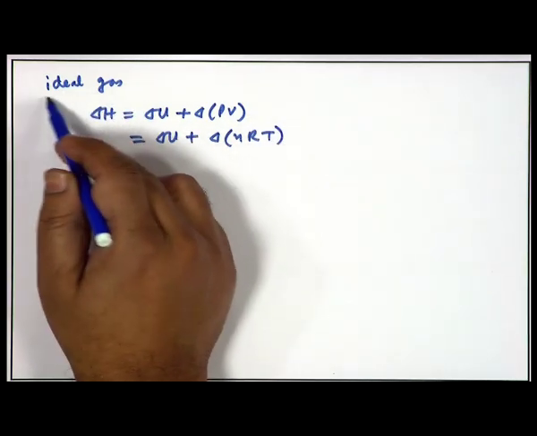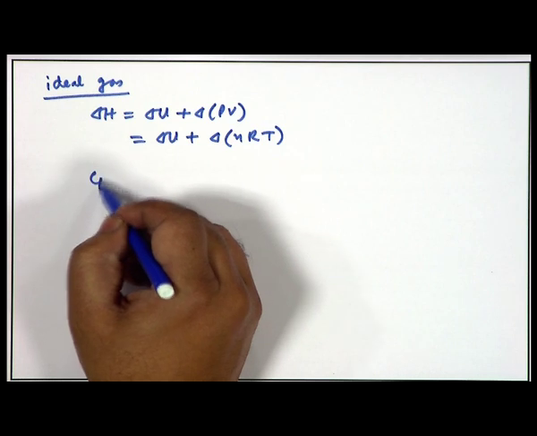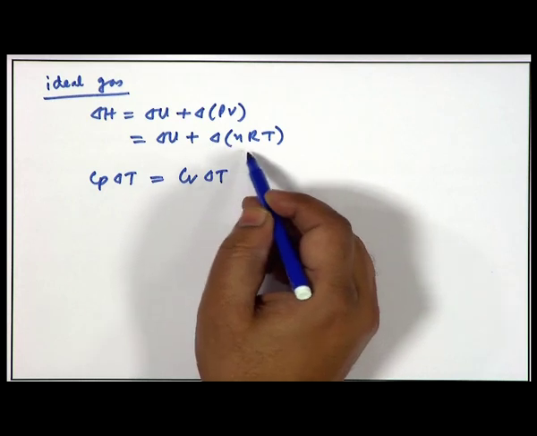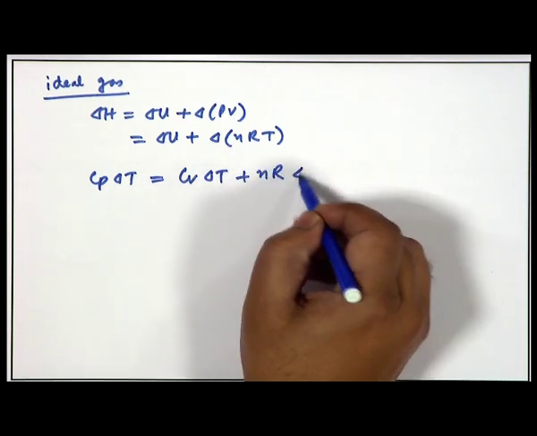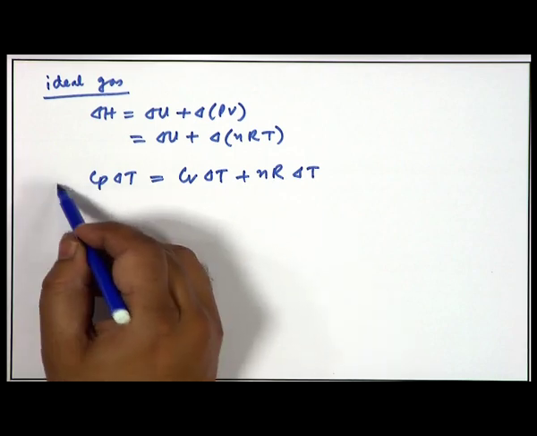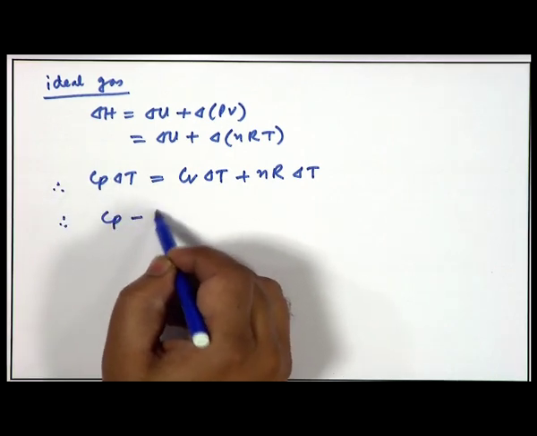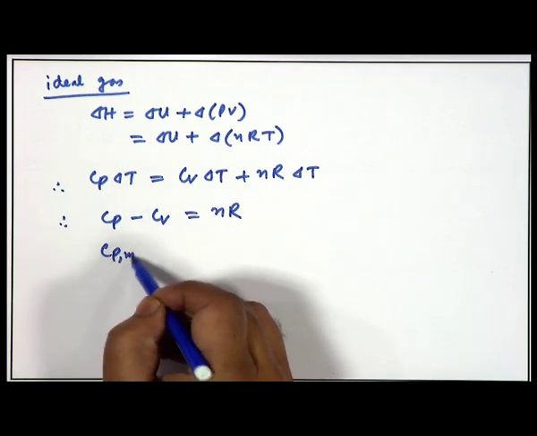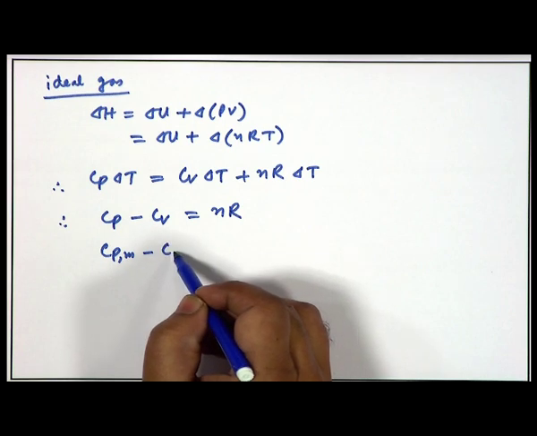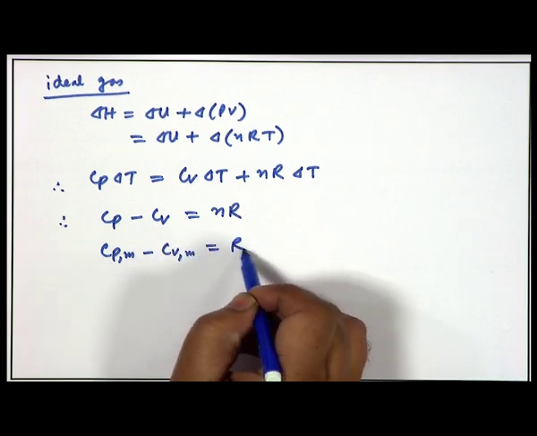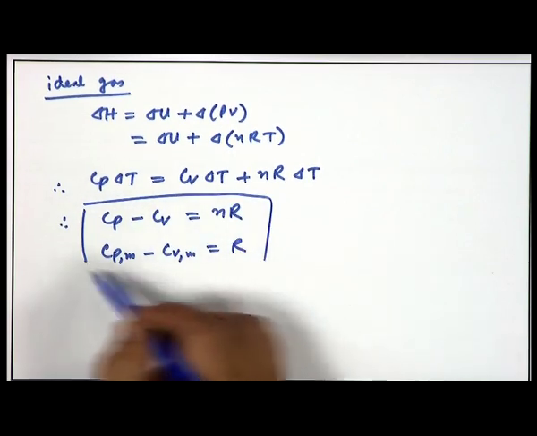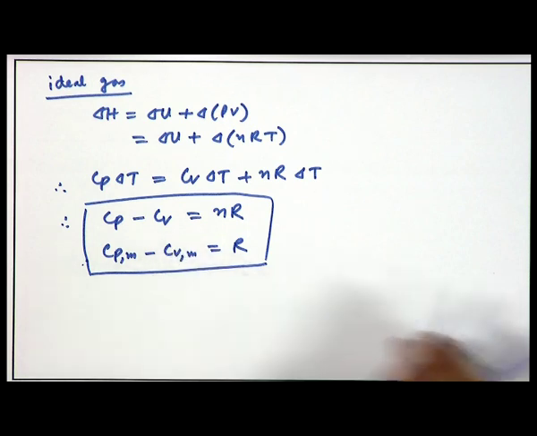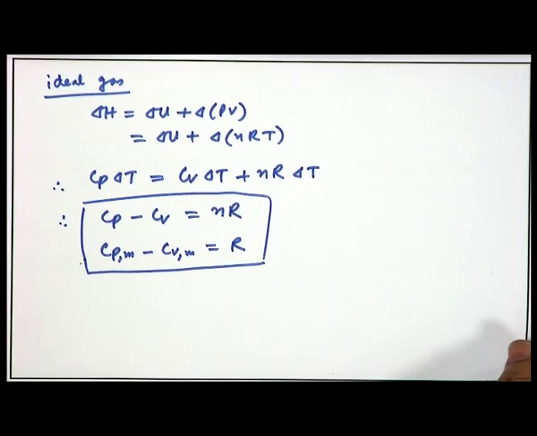Now, for ideal gas we know del H is Cp del T, del U is Cv del T, and in this case nR del T. So, we can write from this Cp minus Cv is nR for the ideal case, or for molar heat capacity, Cpm minus Cvm would be given by R. So, these are expressions for ideal gas.